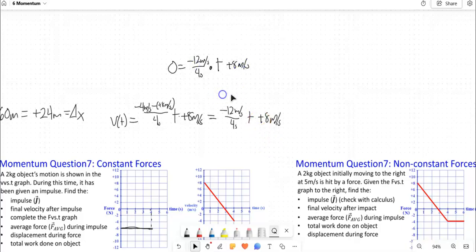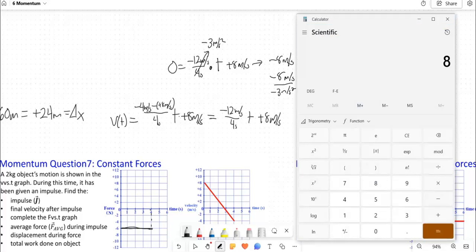Solving this for time, we're going to have negative 8 meters per second equals negative 3 meters per second squared, t. So negative 8 meters per second divided by negative 3 meters per second squared. That is definitely not divisible, so it's 8 divided by 3. So it crosses the line just before 3.